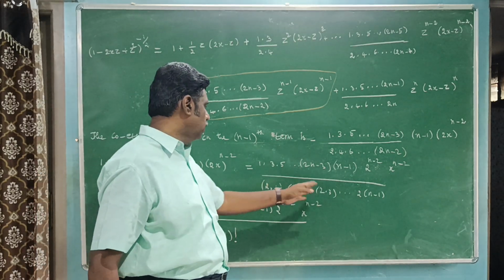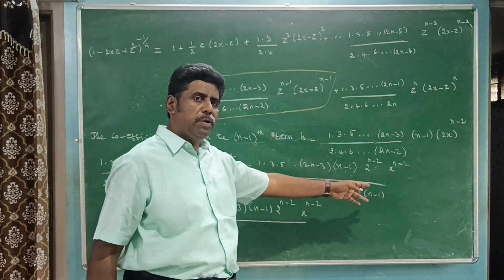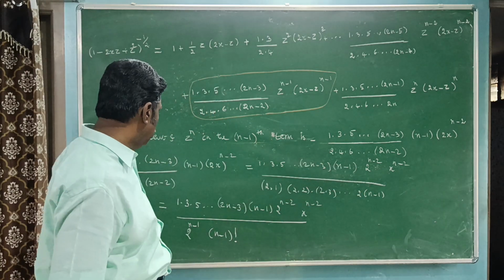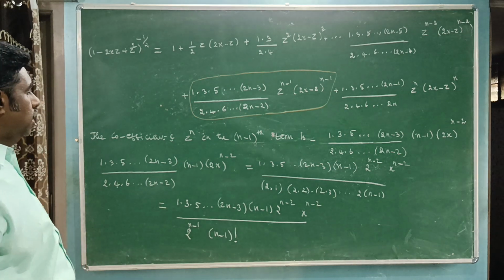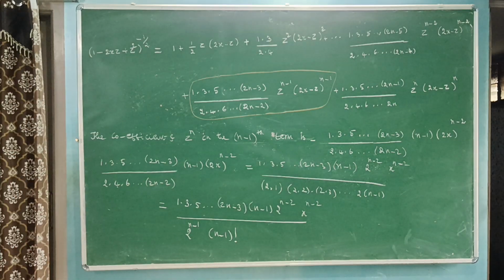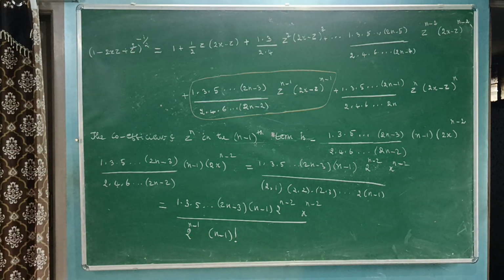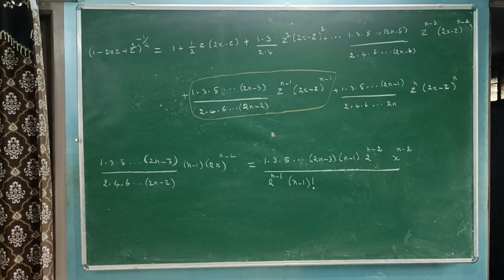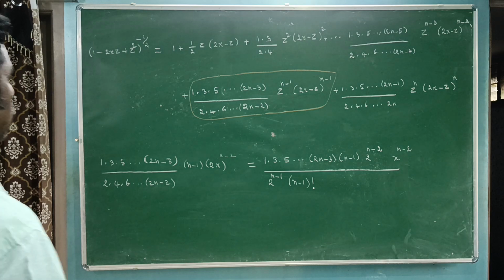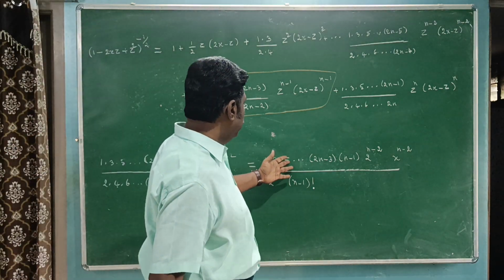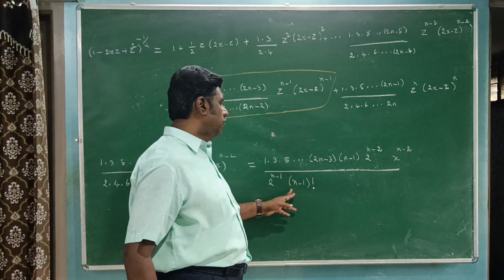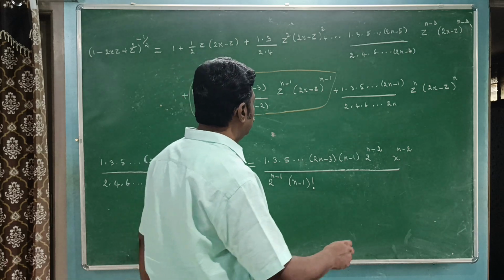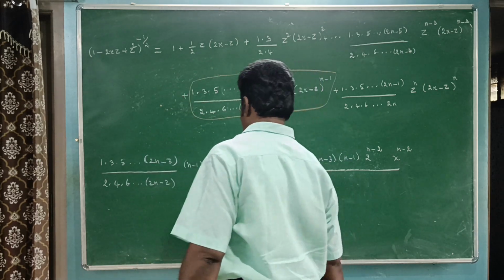If you combine the rest of the terms 1, 2, 3 up to n minus 1, that is n minus 1 factorial. This is available with us. Now we have to modify this further. For convenience, multiply both the numerator and the denominator by the term 2n into 2n minus 1.